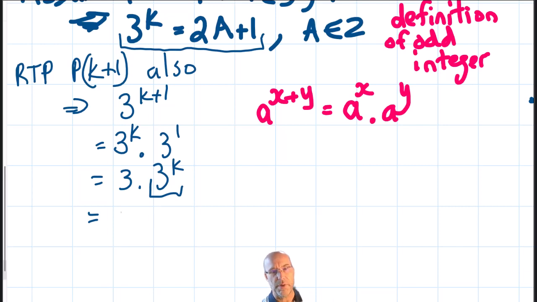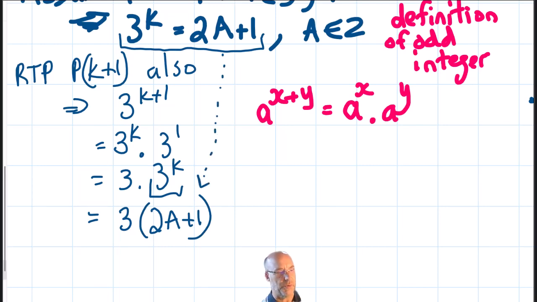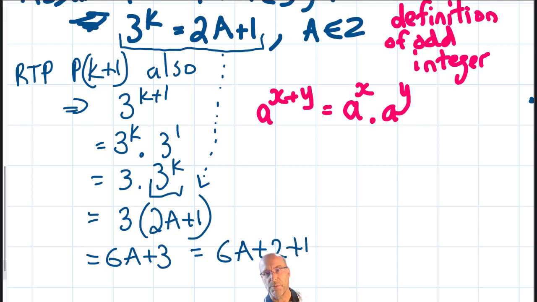And so we can go 3 times, instead of 3 to the k, the 2a plus 1 from above. We don't have to prove that's true, that's assumed true in the proof. And that can be written as 6a plus 3, and 6a plus 3 can be written as 6a plus 2 plus 1. Remember, we're trying to prove that this is odd.